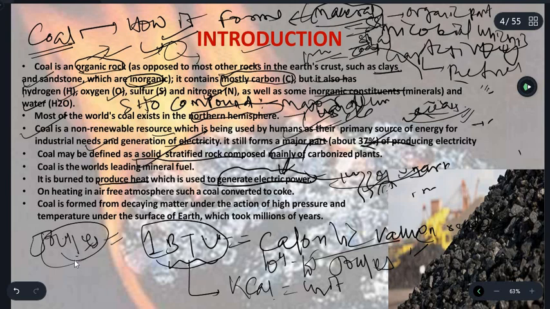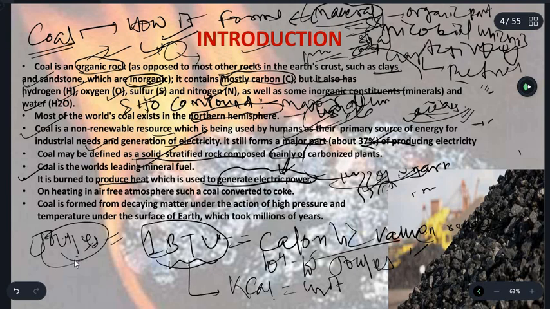Am I right? So that is called 1 British thermal unit. You can convert it into joules also, into kilocalories also, but the major heat unit is the 1 British thermal unit. Okay, clear?